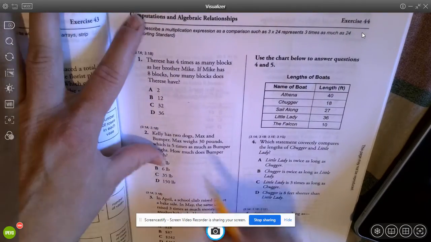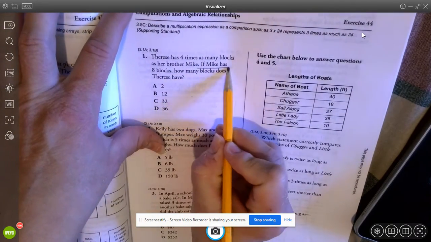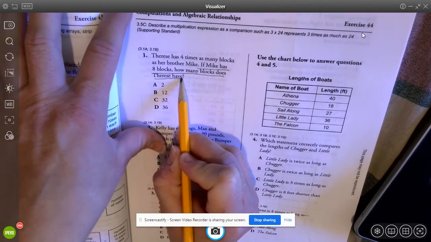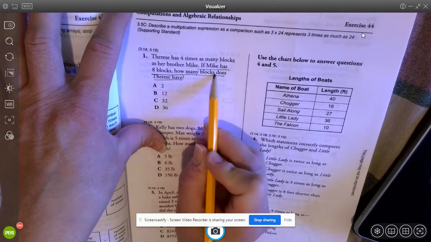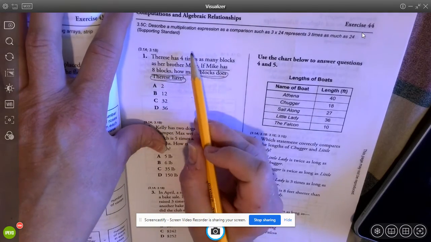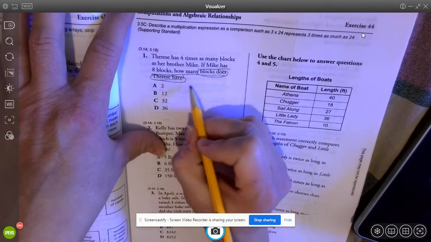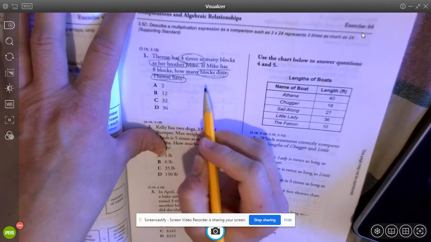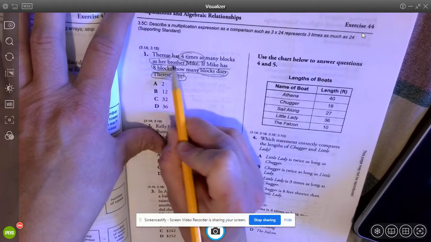Number 1. If Mike has 8 blocks, how many blocks does Teresa have? So Mike has 8 blocks. How many blocks does Teresa have? We're looking for Teresa. Teresa has 4 times as many blocks as her brother Mike. If Mike has 8, how many does Teresa have?